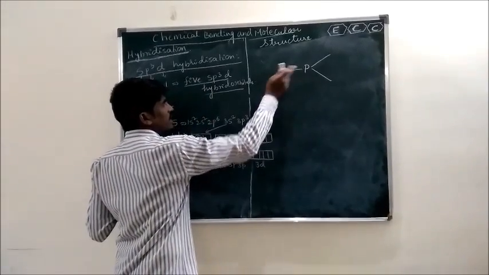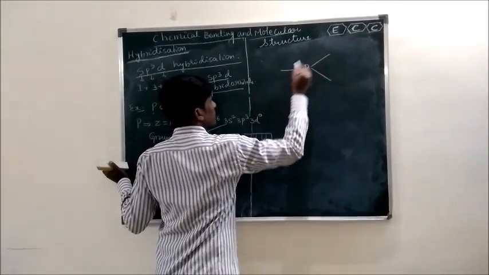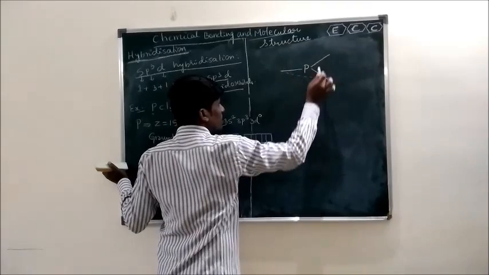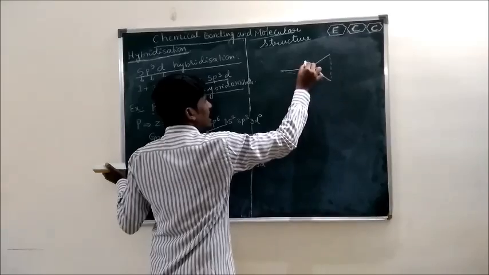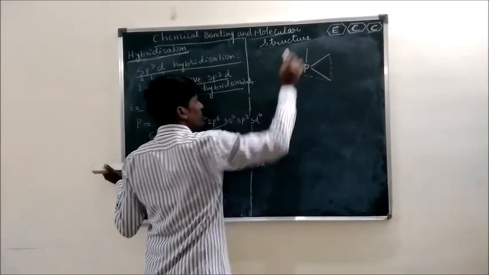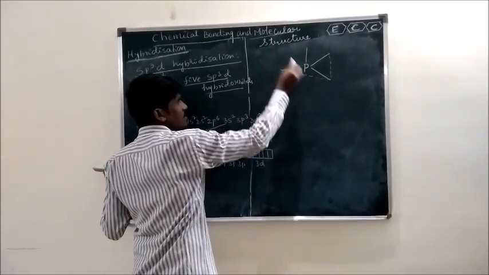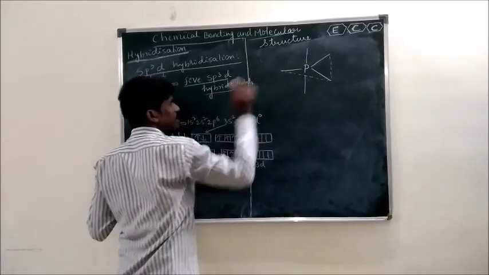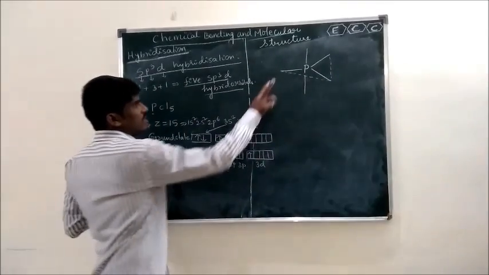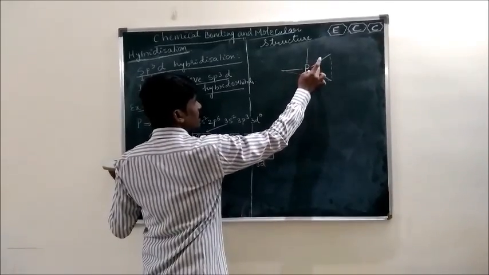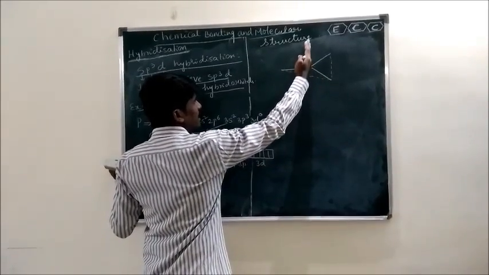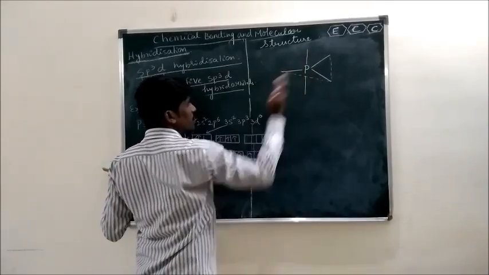These 3 sp3d orbitals will be arranged in trigonal planar shape, and another sp3d hybrid orbital will be above the axis and one will be below the axis. These 3 sp3d hybrid orbitals will give trigonal planar shape, and these two will give a pyramidal shape.